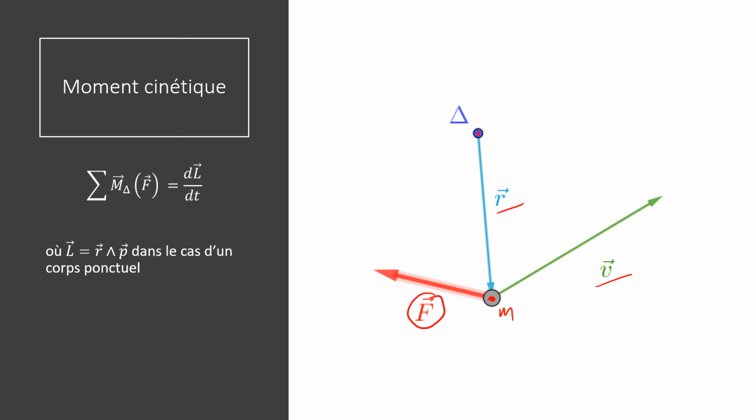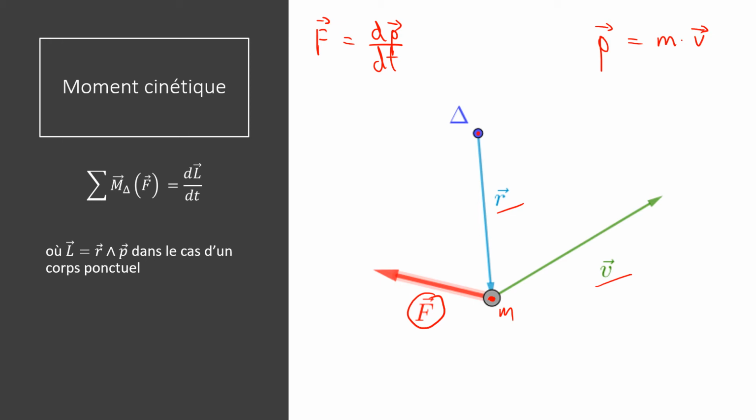Now if you look at Newton's second law, then we can say that the force is equal to the rate of change of the momentum, knowing that the momentum of course is equal to m times the velocity.